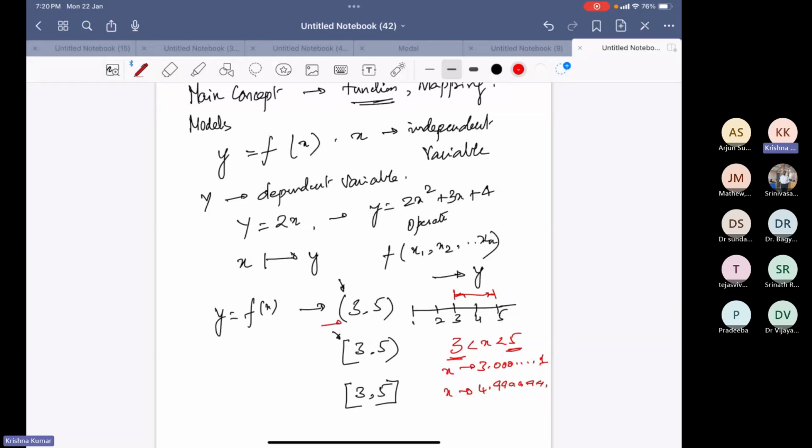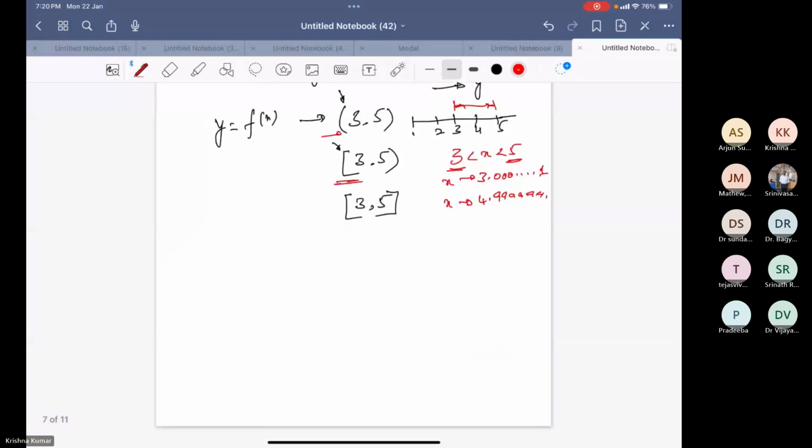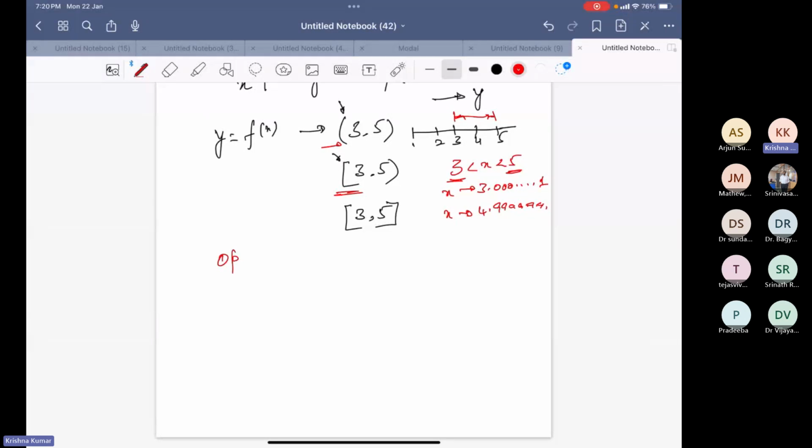So in other words, we are excluding 3 and 5. Now, if I put a bracket like that, so this is called an open interval. The interval is from 3 to 5. It is called an open interval because I'm excluding 3 and 5.